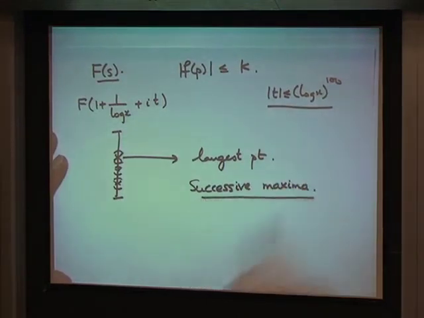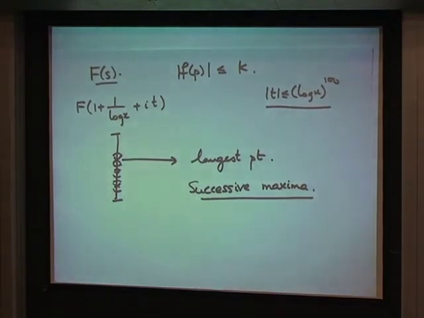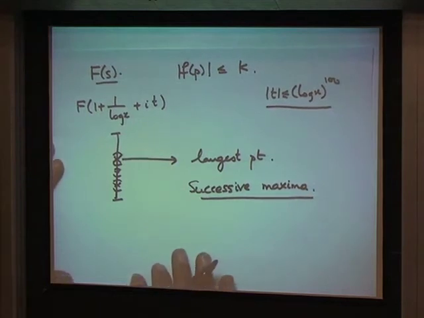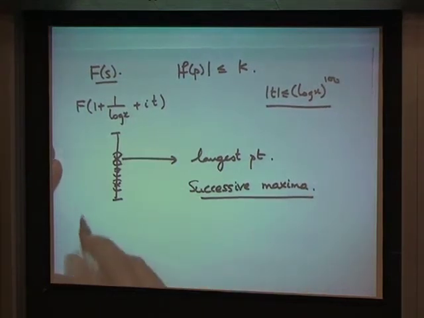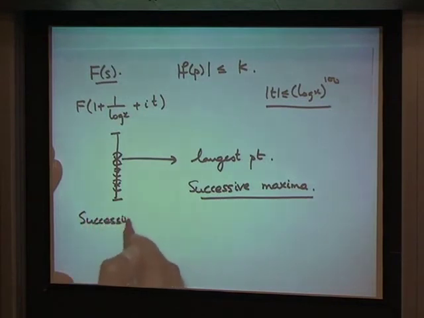So these I call successive maxima. And I explain precisely how these small intervals are defined in the notes. Once you do this, the nice feature is that the successive maxima keep getting smaller.